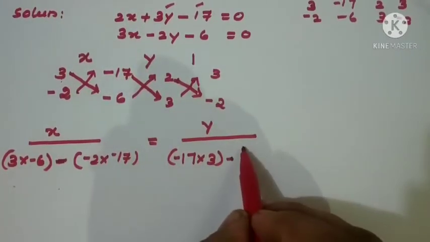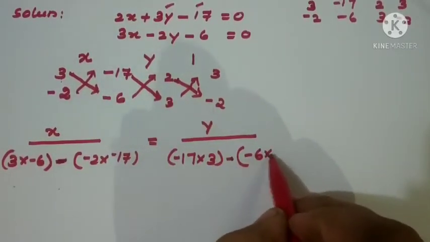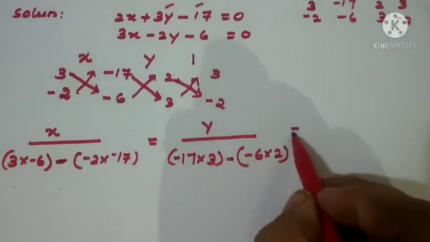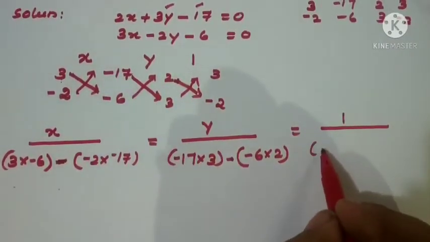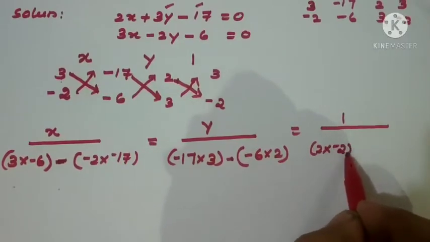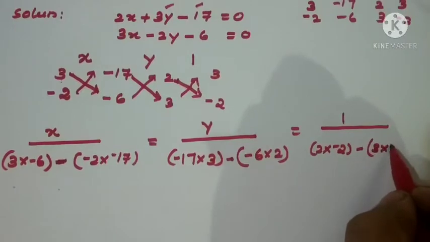Minus, by the formula one more minus will come here, 6 into 2. Equal to, the last one is the constant: 2 into minus 2, minus 3 into 3.